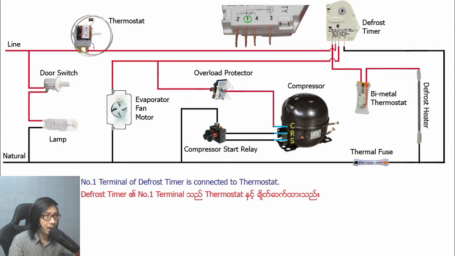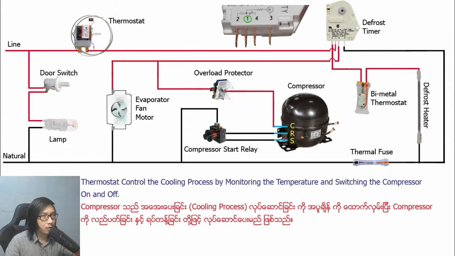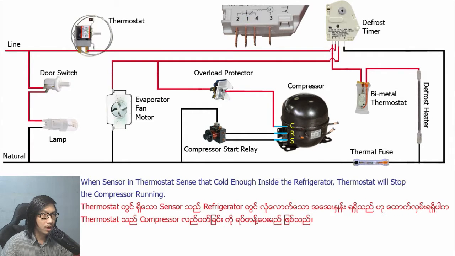Number 1 terminal of the defrost timer is connected to the thermostat. The thermostat controls the cooling process by monitoring the temperature and switching the compressor on and off. When the sensor in the thermostat senses the cold temperature inside the refrigerator, the thermostat will stop the compressor running.